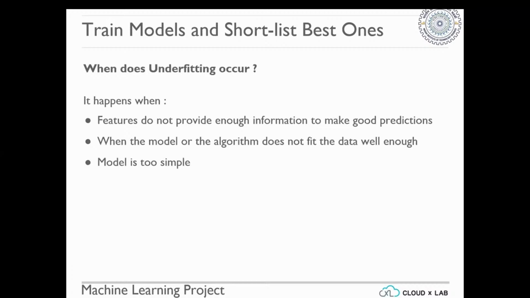So underfitting occurs when the model is too simple, or when the model or algorithm does not fit the data well enough. In that case, we will get poor training accuracy, right? Because the model is not able to fit the training data, which means the training accuracy will be poor, right?